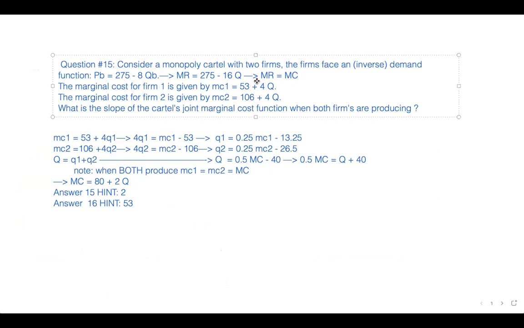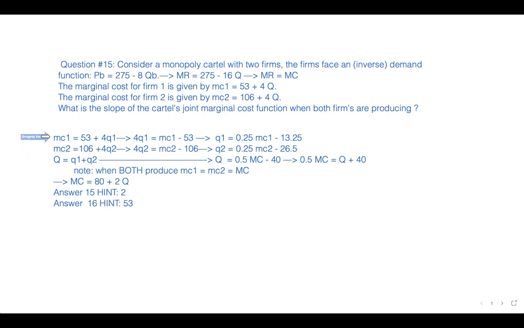And so the way to construct the joint marginal cost function, based on problem 15 in Ignithium, is to see that I have the two marginal cost functions of the two firms. And then the process I described last time was you take the marginal cost function and then you invert it.